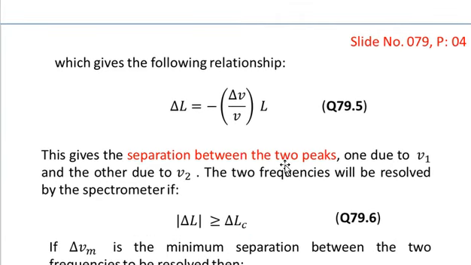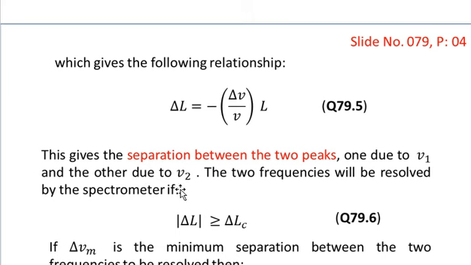This gives the separation between the two peaks, one due to nu 1 and the other due to nu 2. So this delta L corresponds to the separation between the two frequencies nu 1 and nu 2, and delta nu is the separation between the two frequencies, that is nu 1 minus nu 2 or nu 2 minus nu 1.